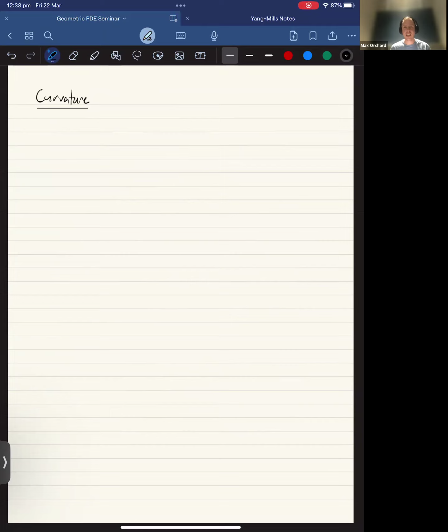Now, when I say connection, I'm going to use connection form and the actual subspaces very interchangeably here because they're completely equivalent. And for all of these connections now, I'm going to assume that they're principal connections. I don't really want to have things that aren't compatible with the group action on this principal bundle.